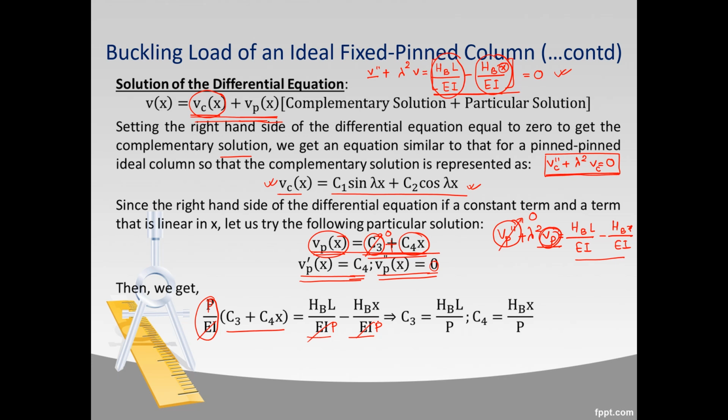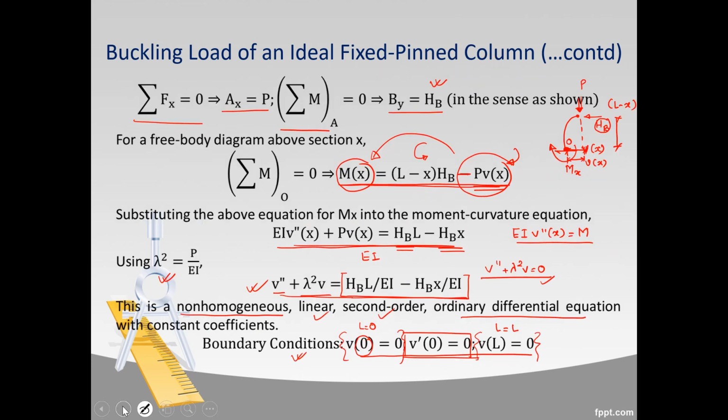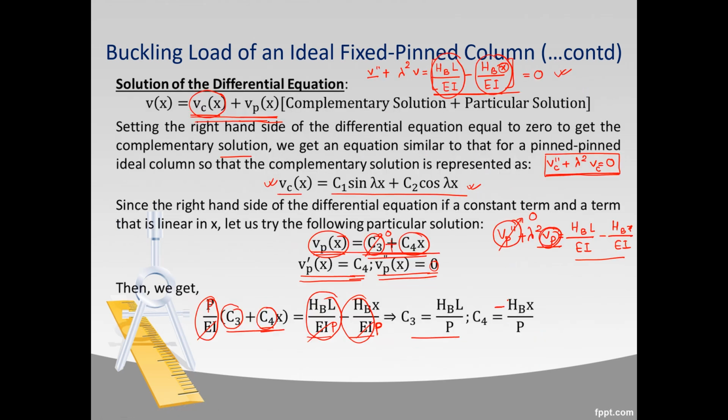So if you compare the individual terms, you can find the equation here. This constant term should be equal to this constant term, so the value of C3 is given as HBL by P, and this term should be equal to this term, so the value of C4 will be given by HBX by P here. Let me check whether it is positive or negative. Since we have negative here, let us just write negative.